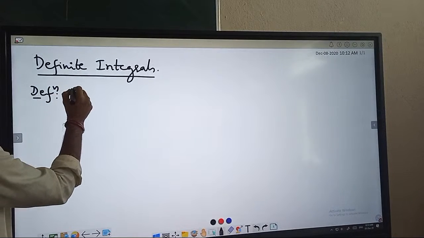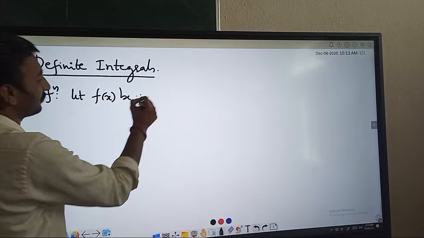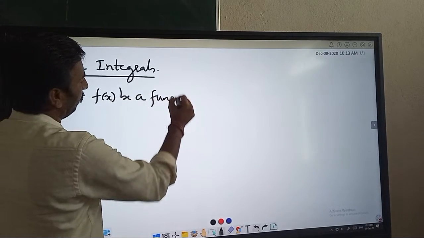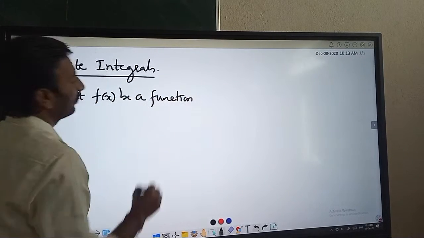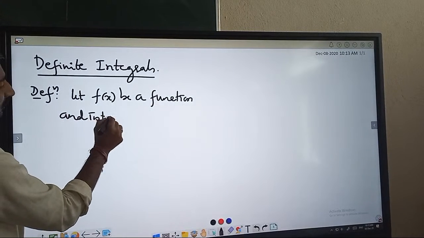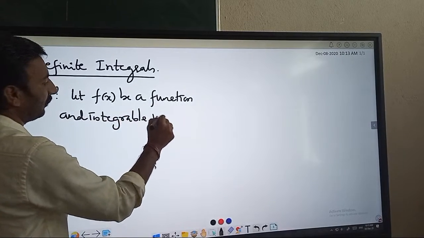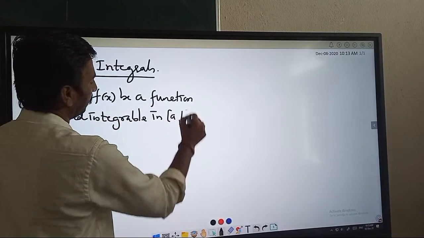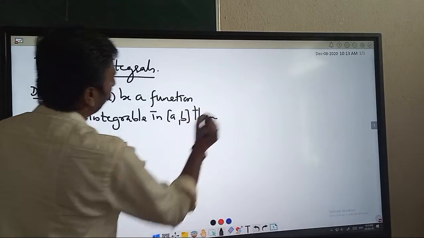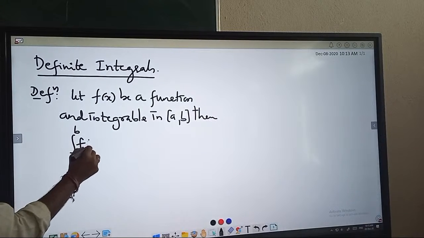Suppose f of x is a function integrable in a to b, then we can call it integration from a to b f of x dx.